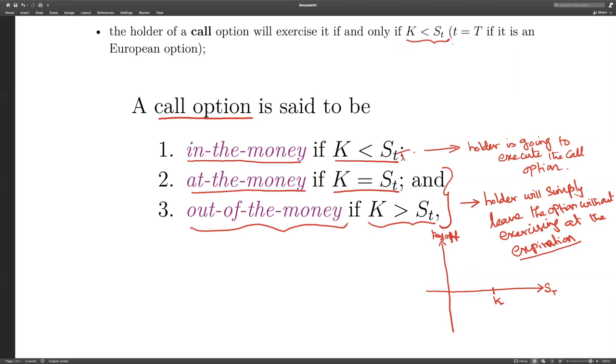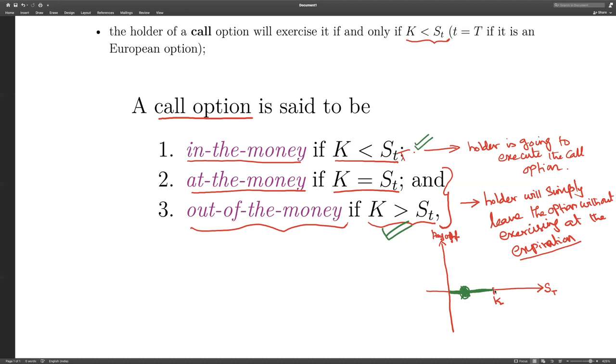Then if it is a call option, the holder will not execute the option if S is less than K. If the stock price at the expiration, S of T, is taking a value somewhere here, then the holder will not execute the option, right? Whereas if the call option is in the money at the time of expiration, then the holder will execute.